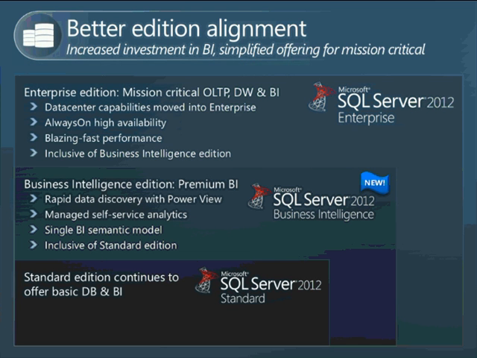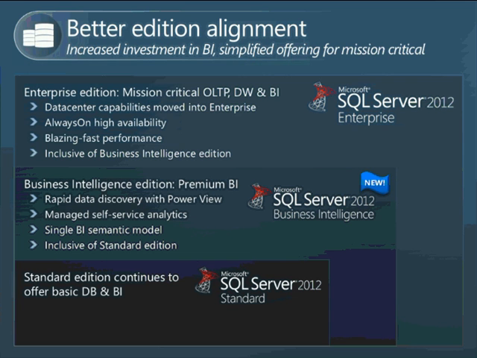Something that folks didn't know is that Standard Edition does come with Analysis Services and Reporting Services to do some of the basic BI work that you would need to do. But if you need to move deeper into BI, you would look at one of the other 2 versions. The next version up, which is new, is the Business Intelligence Edition of SQL Server 2012.